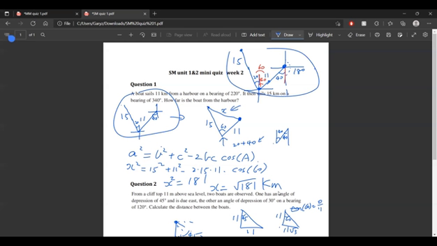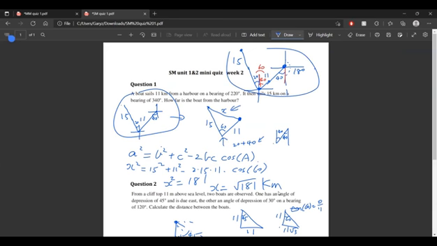And this is an application of the cosine rule, right? The cosine rule lets us work out anything in a triangle if we have two sides and the angle between them. The general cosine rule: a squared equals b squared plus c squared minus 2bc cosine of capital A, which means angle A. In this case, x squared is the side we need to work out.